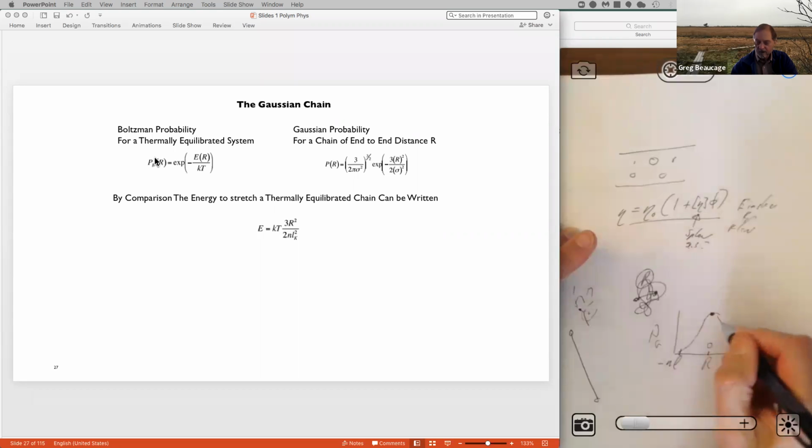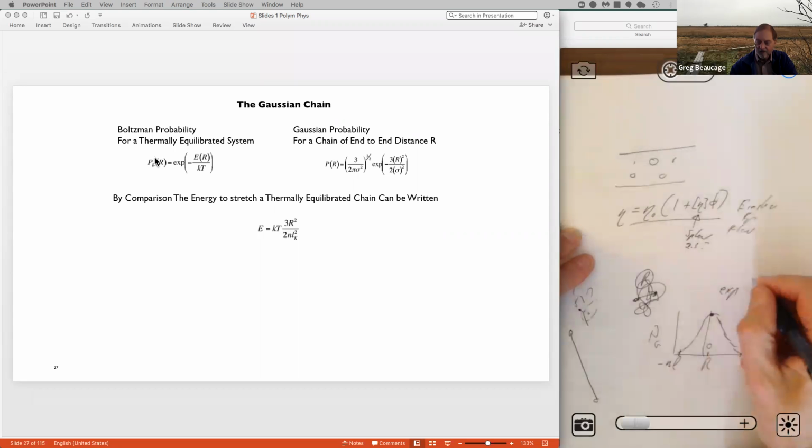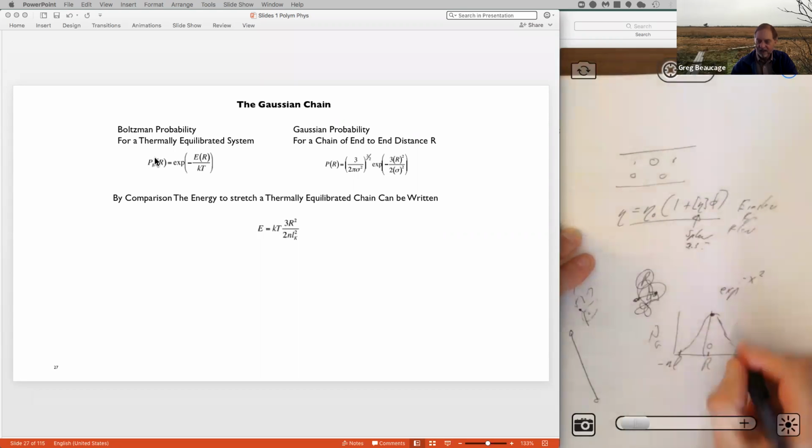Right. So the Gaussian, because it's symmetric about 0, the first thing you can look at is the squared term. Negative means it decays. And then it's divided by 2 sigma squared, and we know that that's 2 times NL squared.